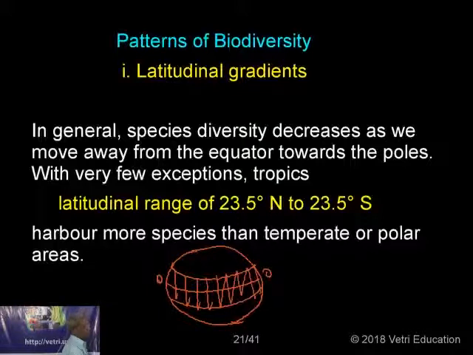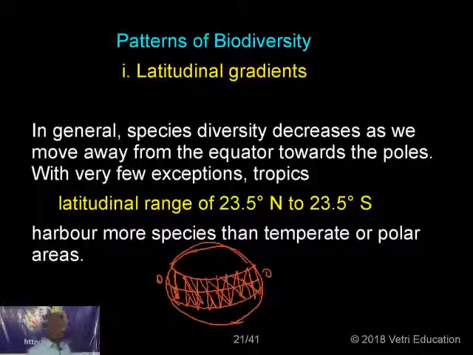That's what we believe. This has many exceptions. Why is it like that? In the polar areas the climate will be very cold, and in the North Pole and South Pole the climate will not be congenial for animals and plants to live.